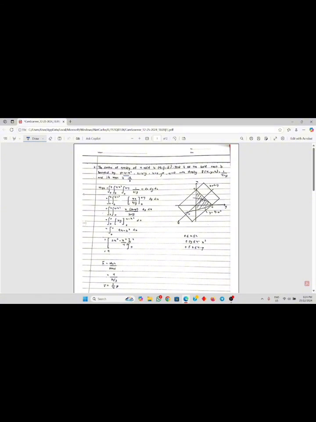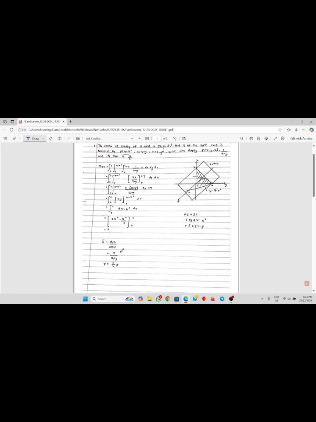Lastly, integrate with respect to dx to get x squared minus x to the power of 4 over 4, and then put the value 2 into x, and we get the final answer of 4. For the final part, the question asks to find x bar, and we use the formula myz over the mass, given by 4 over 16 over 3, so the final answer will be 3 over 4.